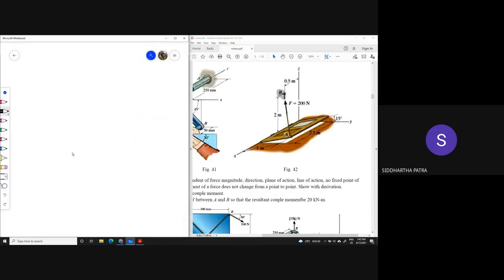So I'm trying to draw the door here. This is your x-axis.